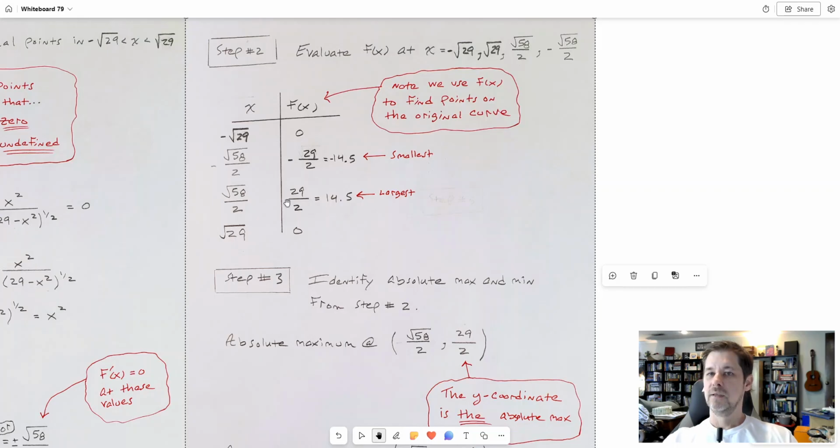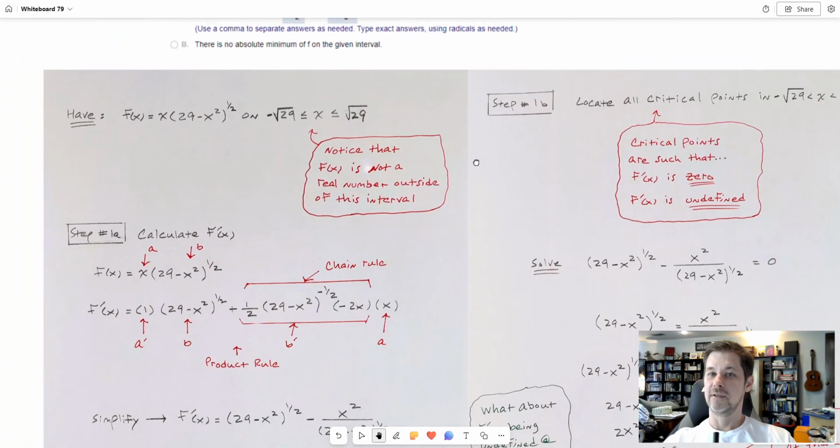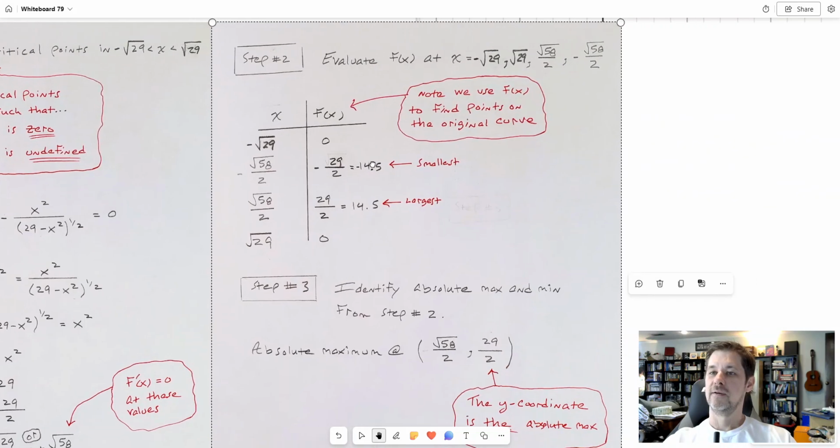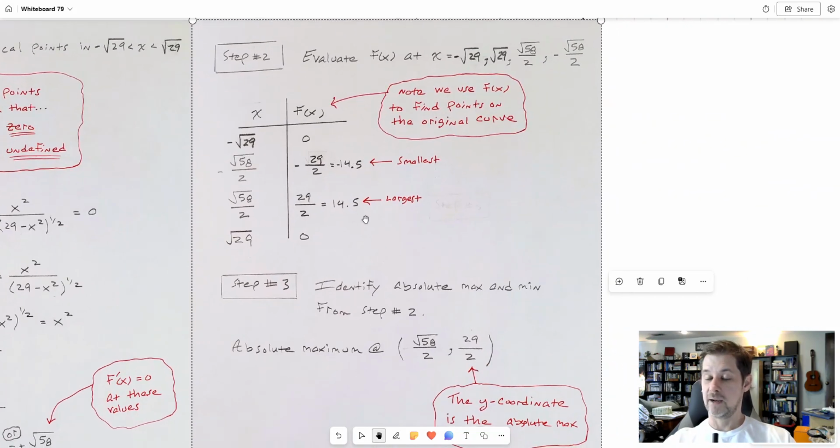In here, you just have to do the math. You take these numbers and put them into the original function, not the derivative, because at this point I'm trying to see where the points on the curve are and how they compare with each other. So I put my numbers into f of x, the original function, and do the math. For the sake of this video, I did not write out the calculations, but here's what you'll get.